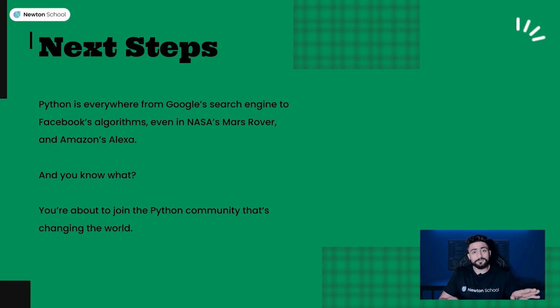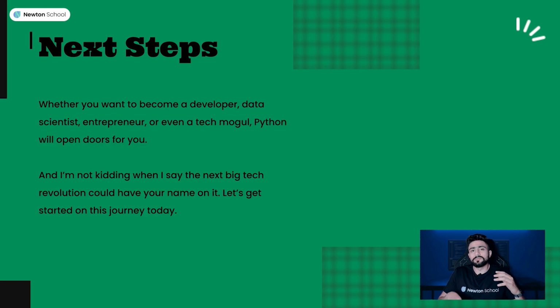And you know what? If you have built your interest till now, you are going to join the Python community, right? If you are now interested to learn Python, you are going to join the Python community. And even if you want to become a developer, data scientist, or entrepreneur, Python is going to help you.